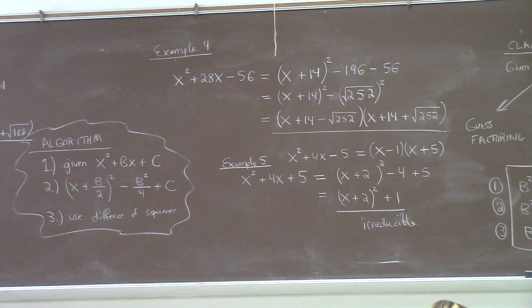So either x plus 13 minus the square root of 168 equals 0, or x plus 13 plus the square root of 168 equals 0. Which gives me x equals minus 13 plus or minus the square root of 168.